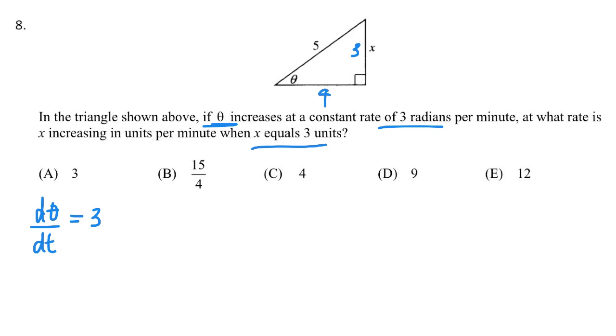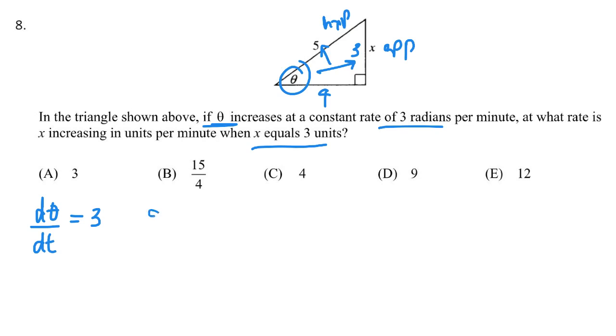And I would stick with what we were given, which, from this angle's point of view, is opposite, and I was also told the hypotenuse. So when I see opposite, hypotenuse, I would probably need sine.